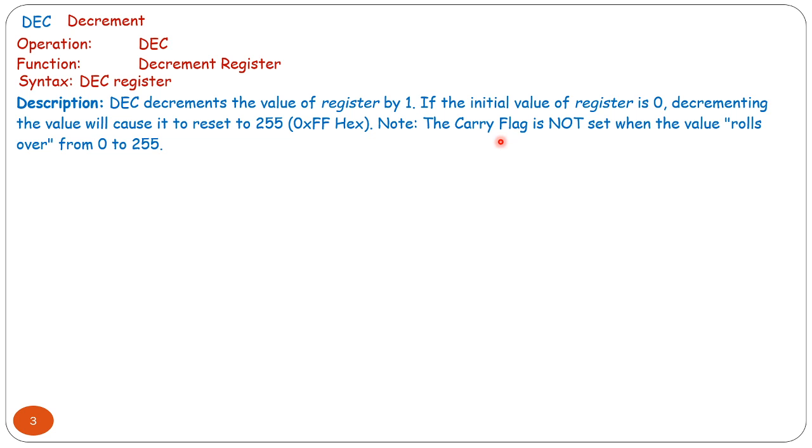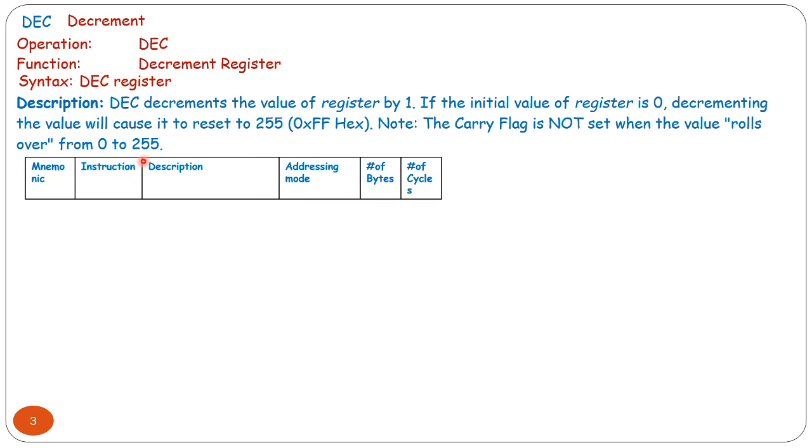If the initial value of register is 0, decrementing the value will cause it to reset to FF, that is 255 in decimal. In hexadecimal it is FFH. The carry flag is not set when the value rolls over from 0 to 255.